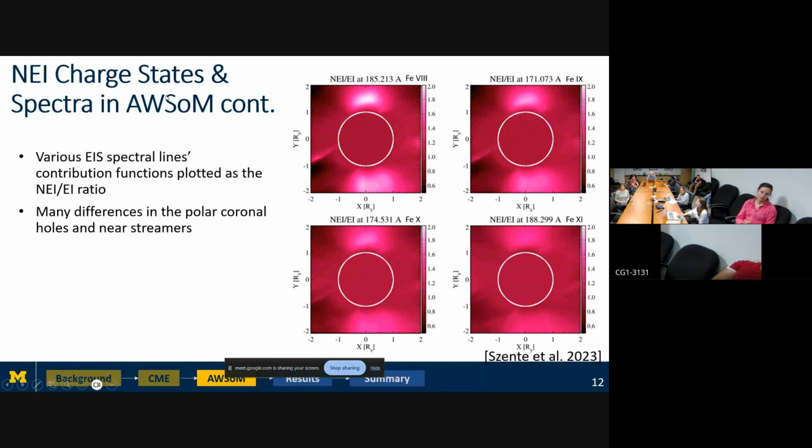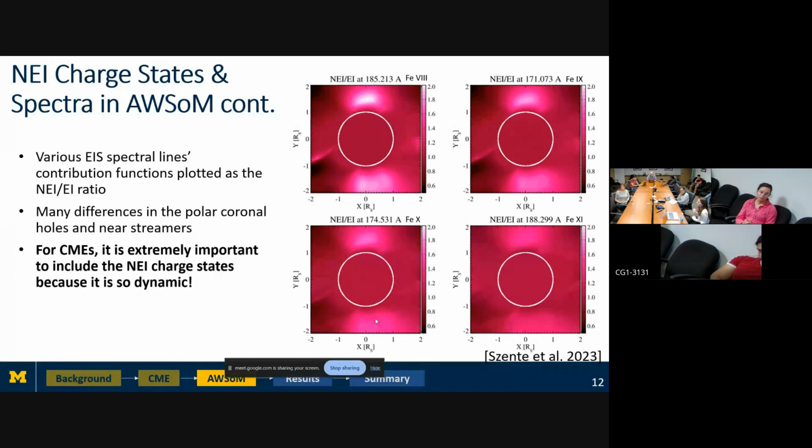You can see that there are multiple differences in the coronal holes in most of them, as well as near the streamer belt that we have going on. So that's really emphasizing that there are a lot of differences, and especially in CMEs that are so dynamic and changing so much, it should be really important to include non-equilibrium ionization charge states.